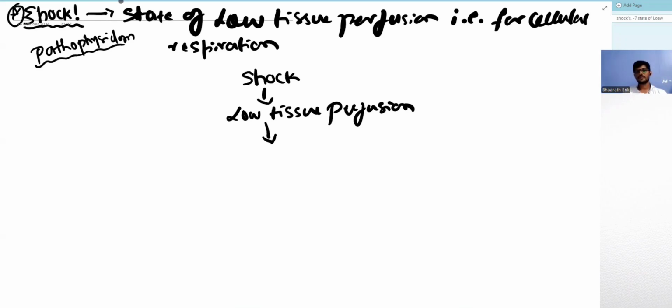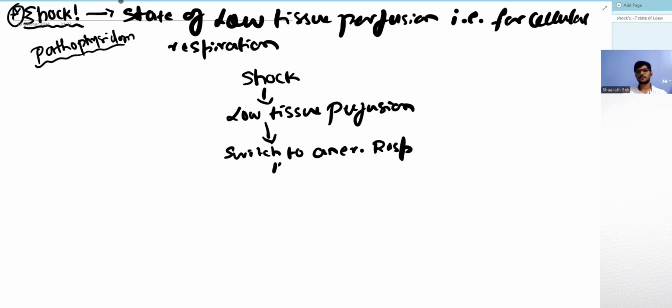Normally when glucose is there and oxygen is there, cells undergo aerobic respiration and produce ATP. The number of ATPs produced by aerobic respiration is around 30 or 32. When there is a lack of oxygen, because glucose is still available, the cells switch to anaerobic respiration.